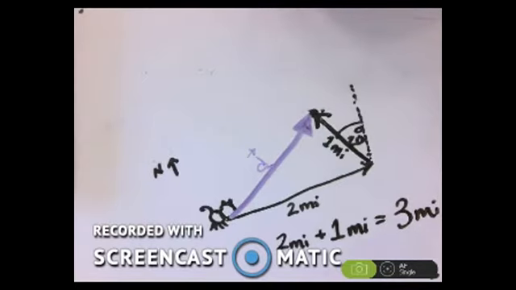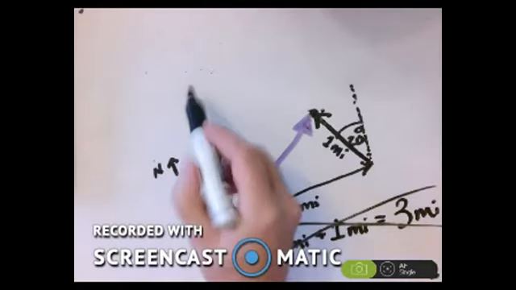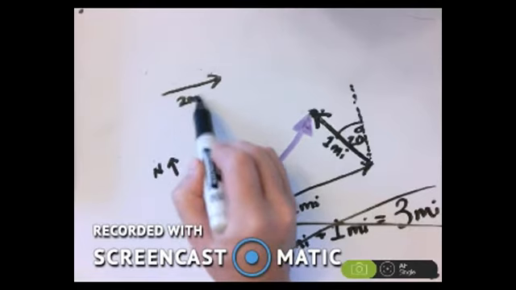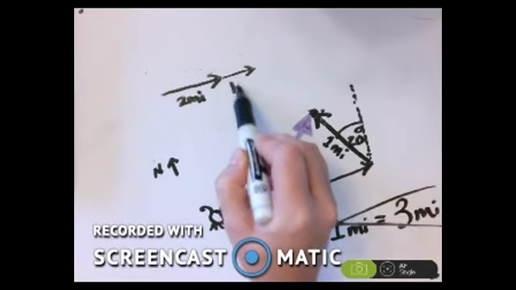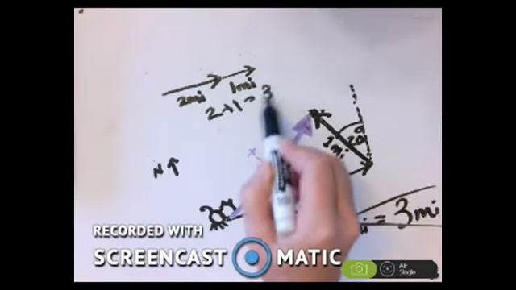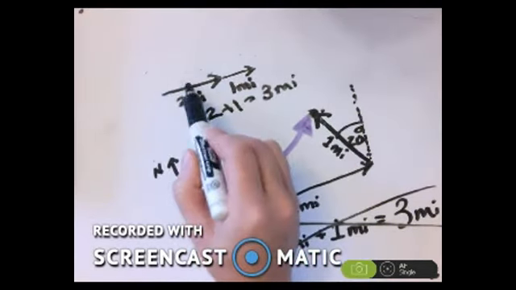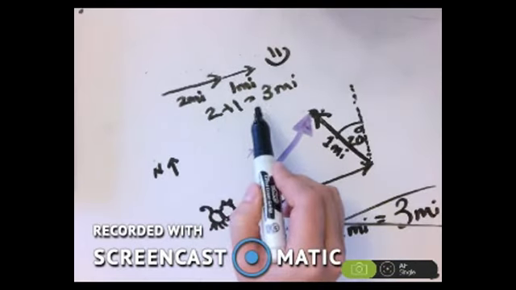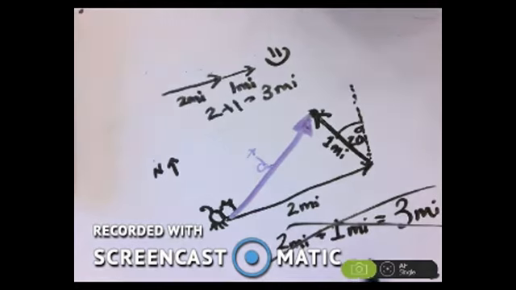Well, I don't understand why this is not right, because I know if the cat walked 2 miles and then he walked another 1 mile, I know that he walked 3 miles. So it works in this case. We can just add the magnitudes of those vectors, but it doesn't work in this case. It's really weird.